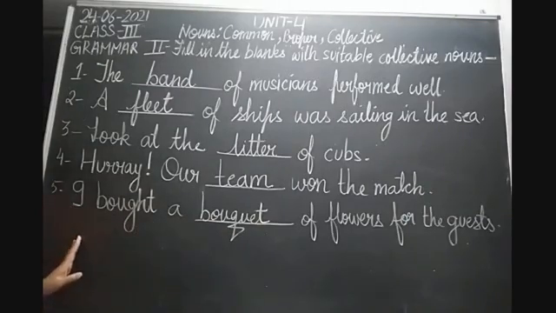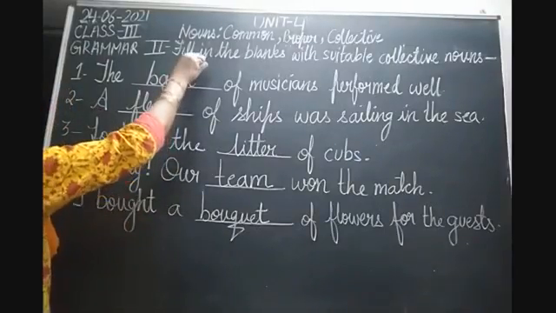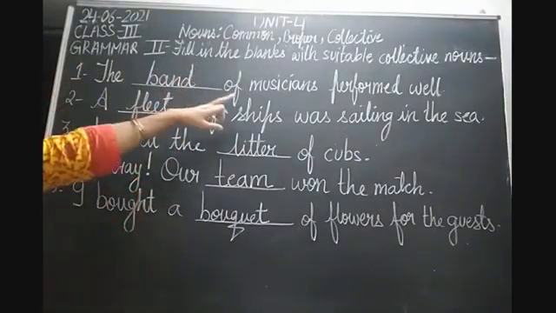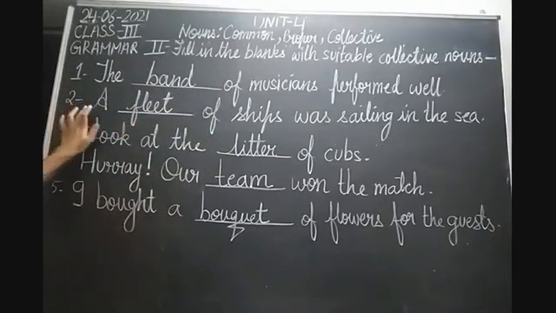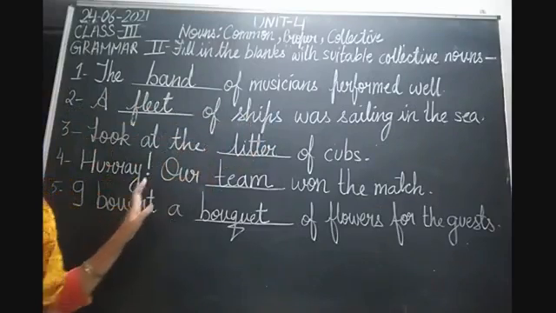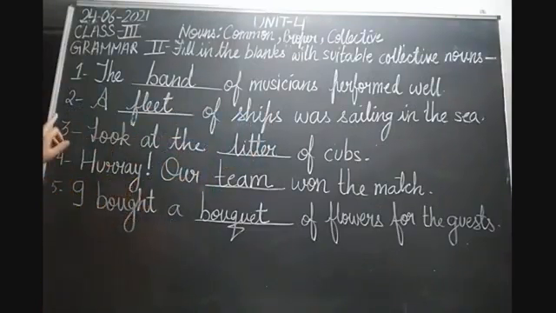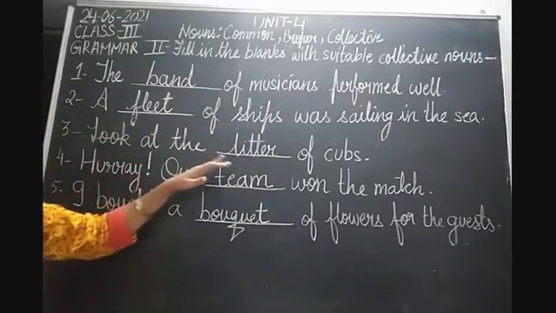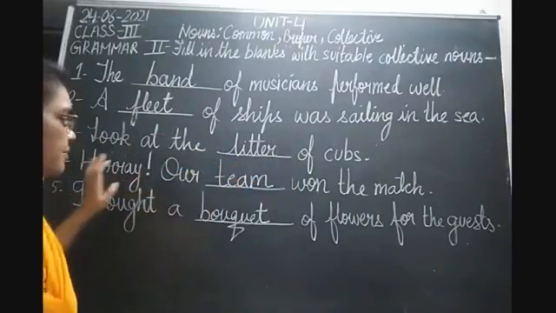Fine? Everyone has written. Now I'll revise and then I'm going to erase and write the remaining sentences. First one. The band, B-A-N-D, band of musicians performed well. Second, a fleet of ships was sailing in the sea. Third, look at the litter of cubs.